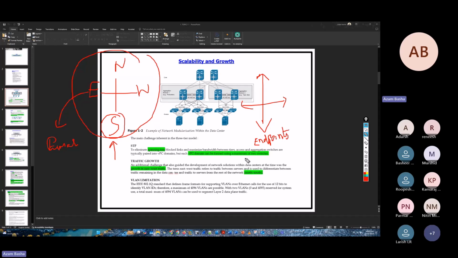The northbound traffic is always related to the core. The east and westbound traffic relates to the switches that are in between.